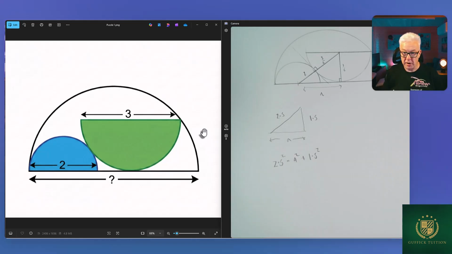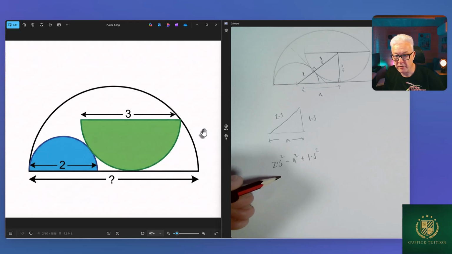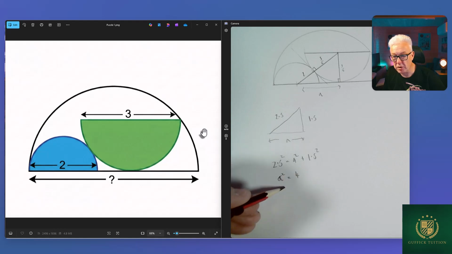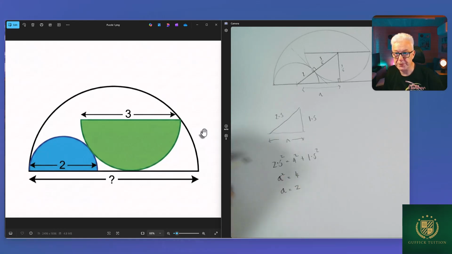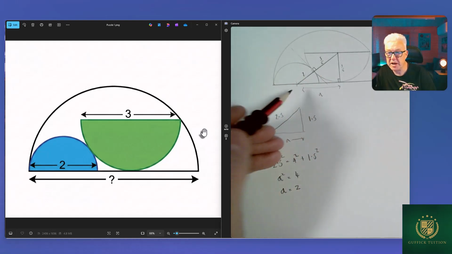All right, so let's work that out. 2.5 squared minus 1.5 squared is equal to 4. Okay, that's perfect. So therefore a squared is equal to 4, which means that a is in turn equal to 2. That's great. So we've now found out that this distance from here to here is 2.